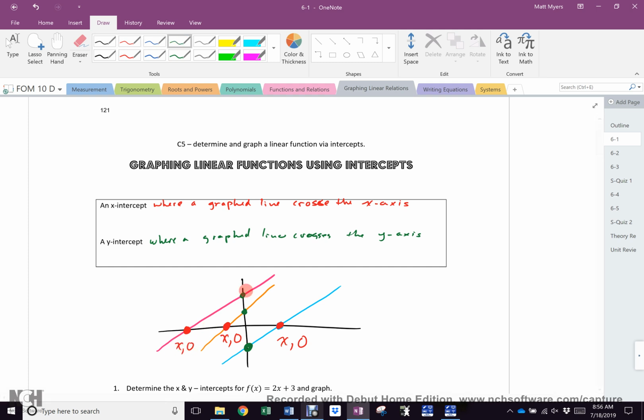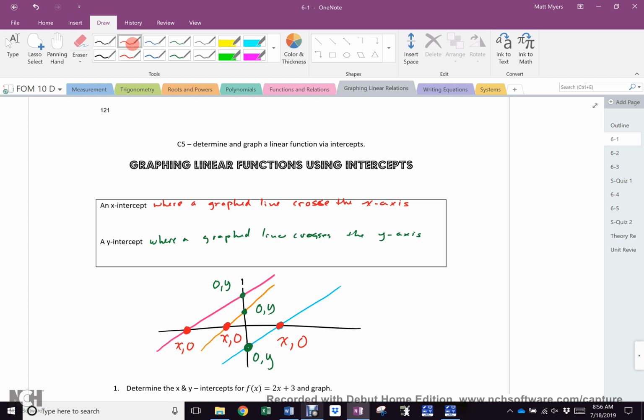What is this green dot? Some value of y and 0. So how do I write it? 0, y. What is this one? 0, y. So now, what can you tell me about every single x-intercept in our universe?